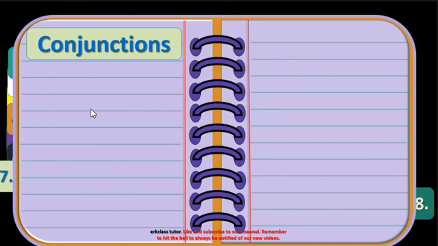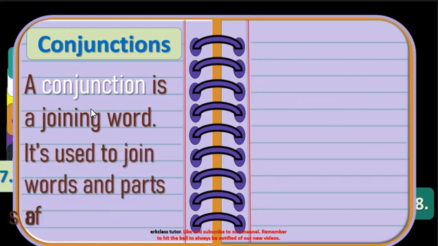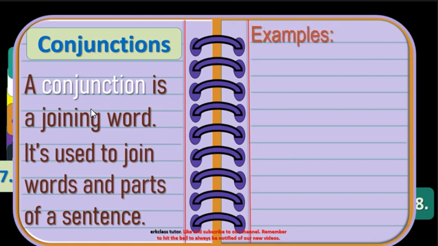What is a conjunction? A conjunction is a joining word. As simple as that. It is used to join words and parts of a sentence.